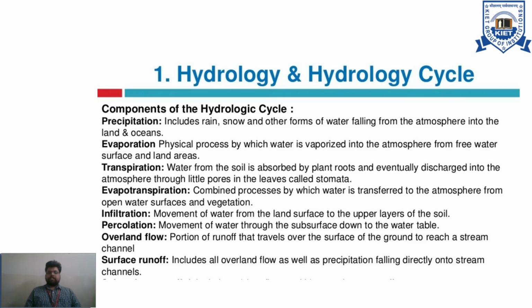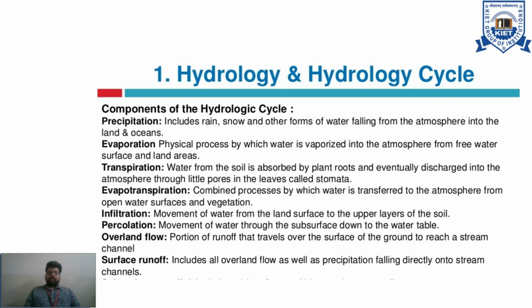The next component is transpiration. Water from the soil is absorbed by plant roots and eventually discharged into the atmosphere through little pores in the leaves called stomata. Evapotranspiration is the combination of two words, evaporation and transpiration, the combined process by which water is transferred to the atmosphere from open water surfaces and vegetation.